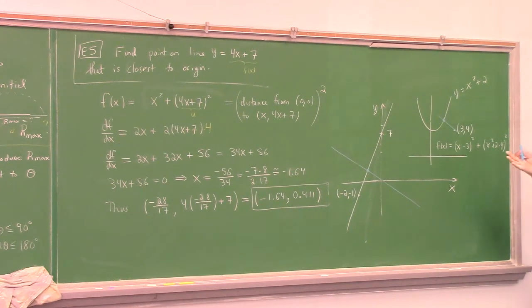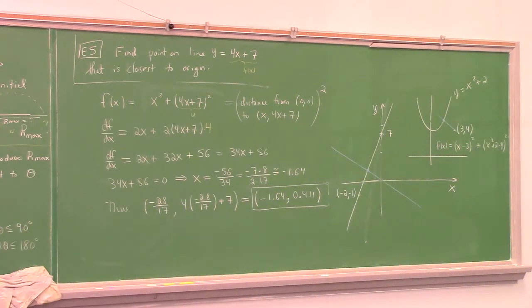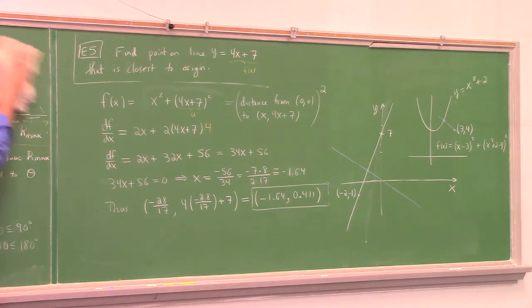So I've done this example for a line, but you could easily do it for something else. All right. So finally, for today, one other topic. It's pretty easy. It's called the closed interval method. And I'll just give you an example of it.